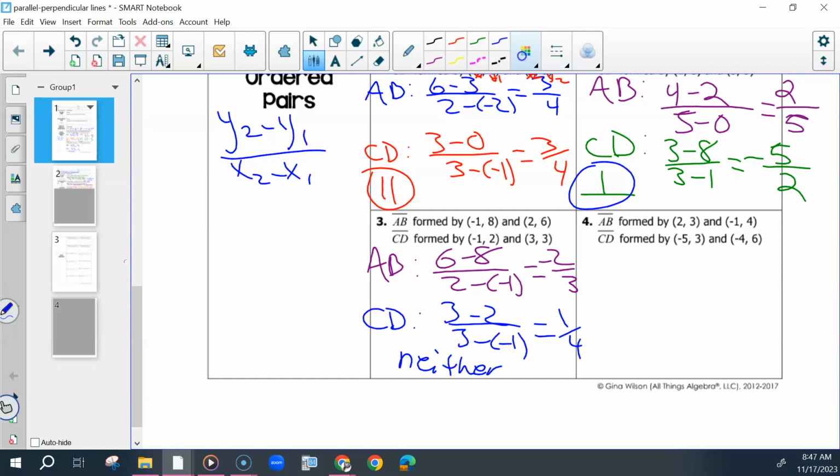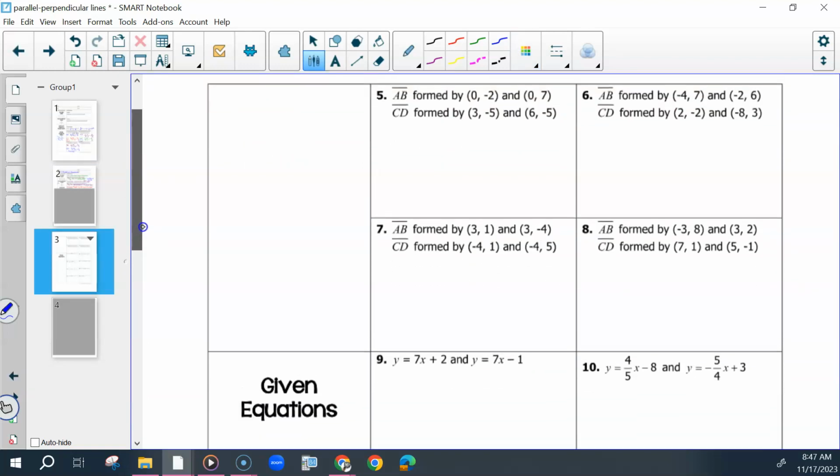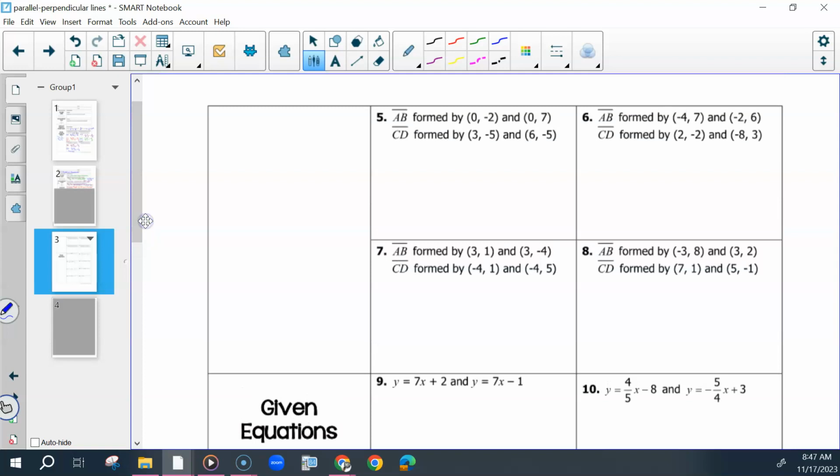We're going to skip 4, go on to the next page. Alright, just this one. So we're going to do 5 and then we're going to jump to something else. Alright, so let's do 5.